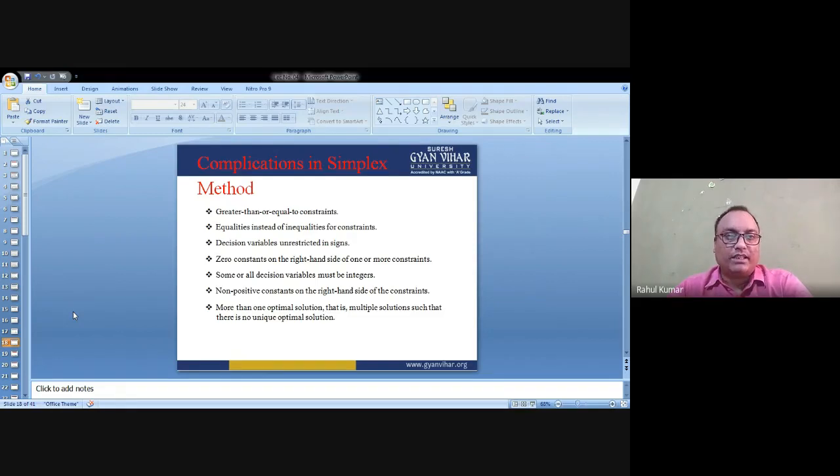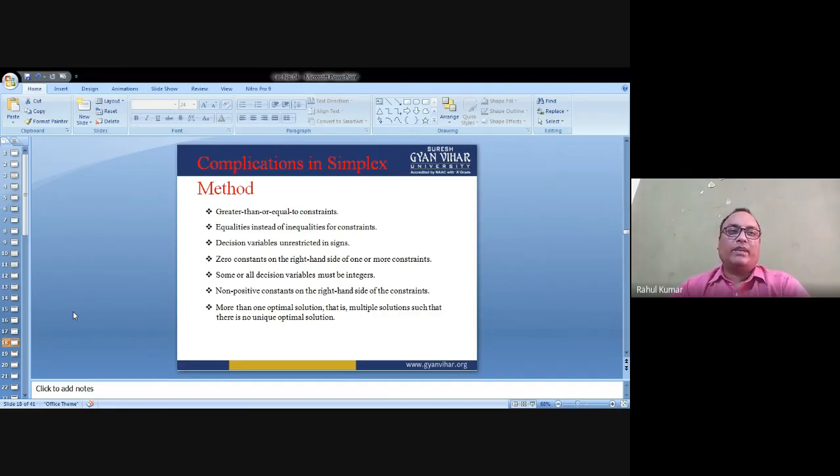The complications are greater than or equal to constraints, equalities instead of inequalities for constraints, decision variables unrestricted in sign, zero constant on the right hand side of one or more constraints, some or all decision variables must be integers, non-positive constant on the right hand side of the constraints, and more than one optimal solution, that is, multiple solutions, such that there is no unique optimal solution, right?